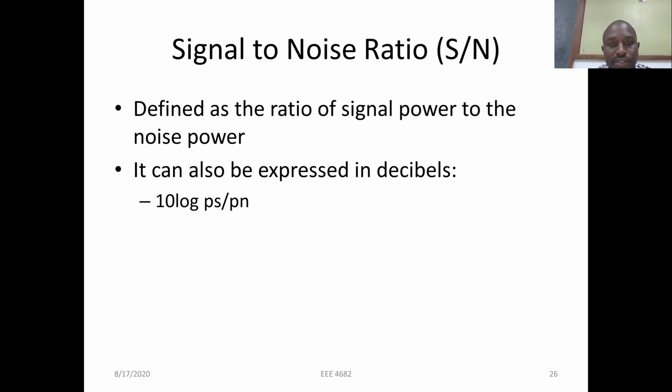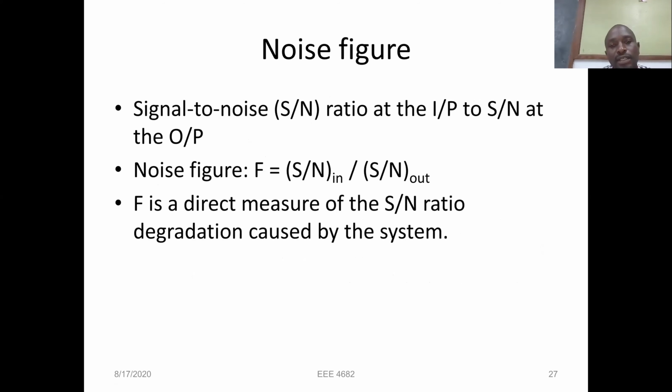Next, let's talk about signal to noise ratio. This is defined as the ratio of the signal power to the noise power. It can also be expressed in decibels as 10 log of Ps divided by Pn, where Ps is the signal power and Pn is the noise power. Noise figure is the ratio of the signal to noise ratio at the input to the signal to noise ratio at the output.